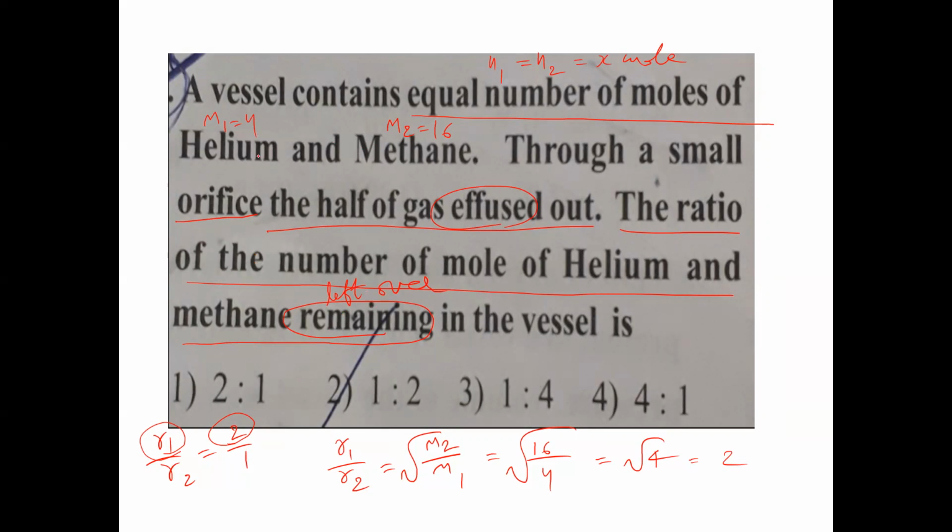That's why it will be leftover less. Helium is the lighter gas, so it diffuses faster. That's why leftover less. So 2:1 is the rates of diffusion, but leftover is 1:2, reverse. Is that clear? So 1:2 will be the answer here. If they ask you the rates of diffusion, R1 to R2, it is 2:1, but if they ask you leftover, 1:2. So that concept you have to understand here.